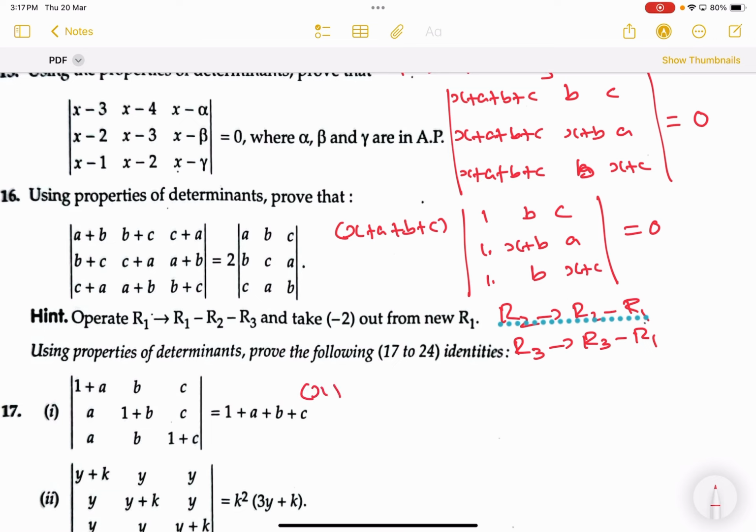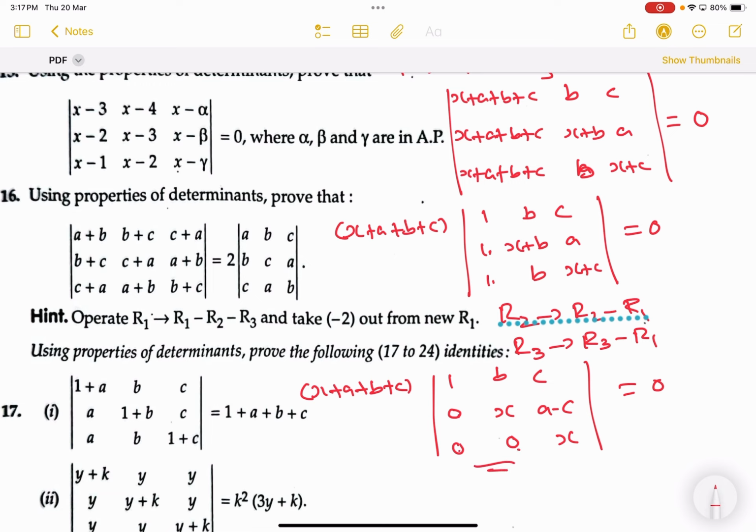So it is X plus A plus B plus C into 1 B C. R2 minus R1 is 0, X minus C, 1, 0, 0, X plus C minus... Now what is the determinant of this?